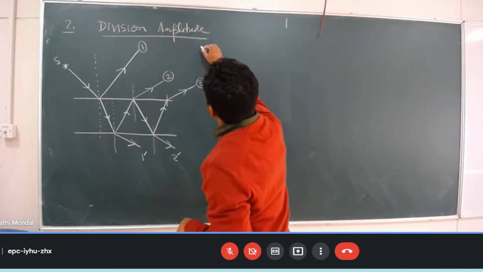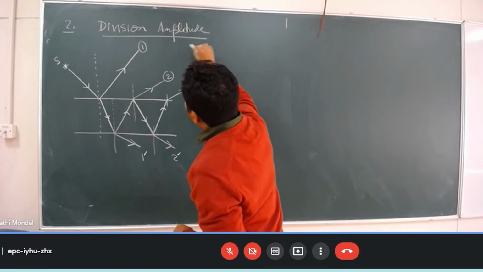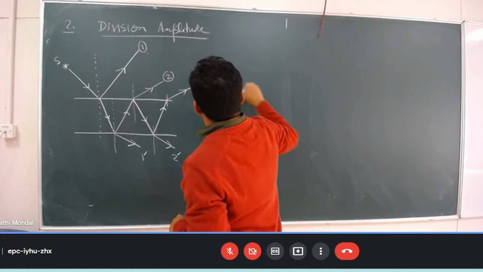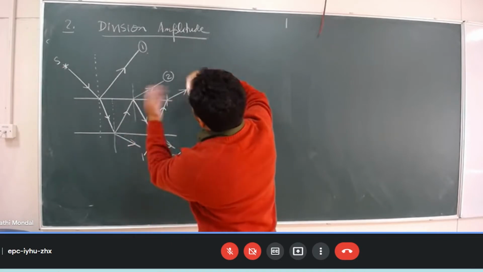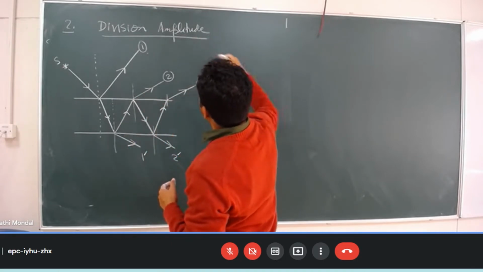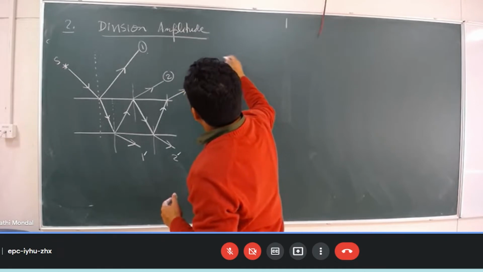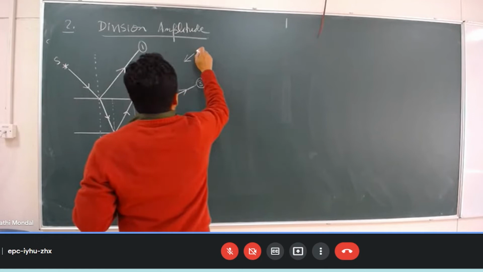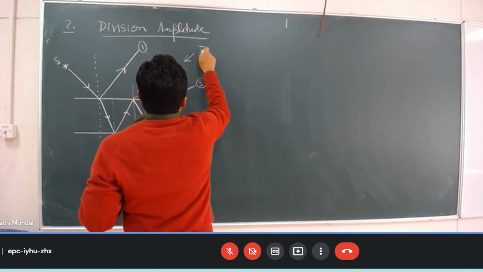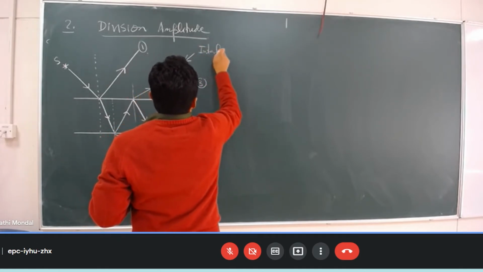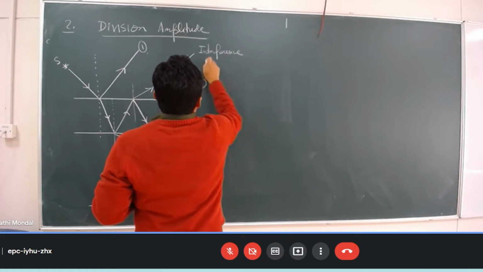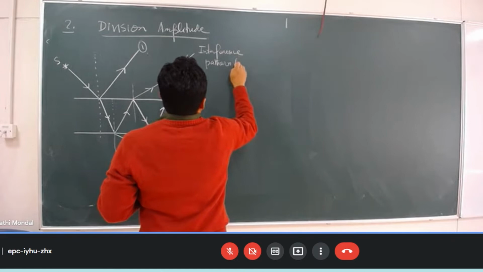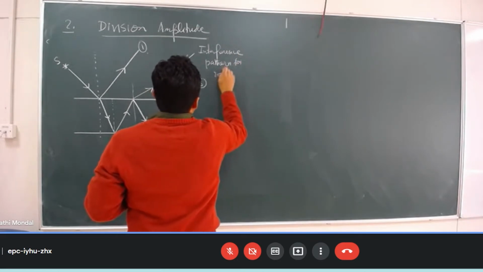So if you put one screen here, these rays 1, 2, 3 and so on will interfere with each other and produce an interference pattern here. So this will produce an interference pattern for reflected rays.